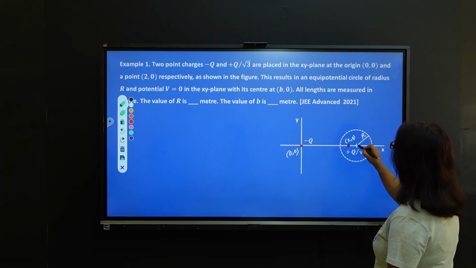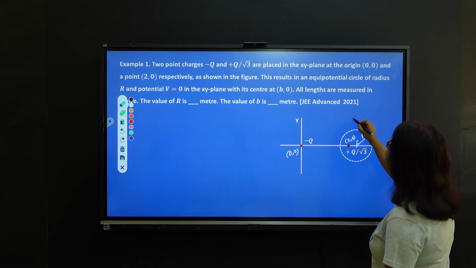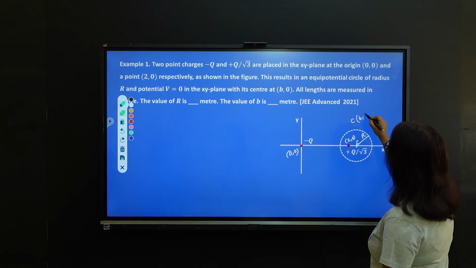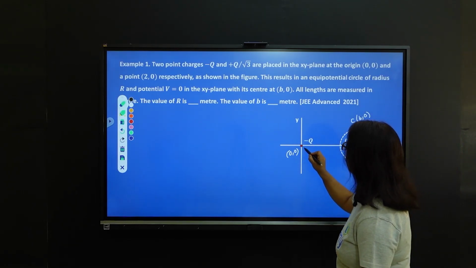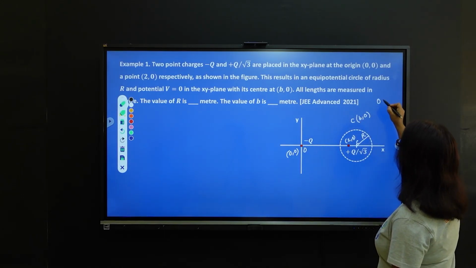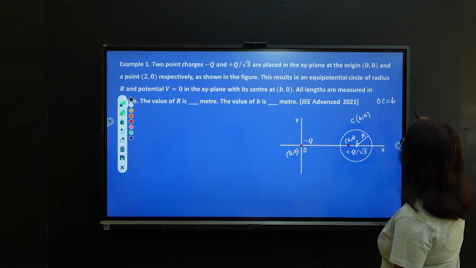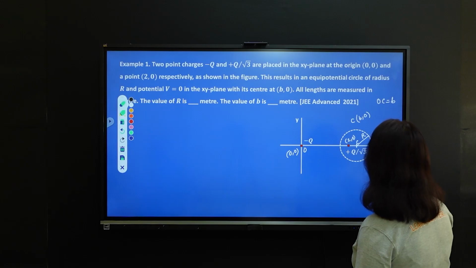Taking the origin as O, this means that OC is equal to B. All the measures are in meters. We need to remember that.